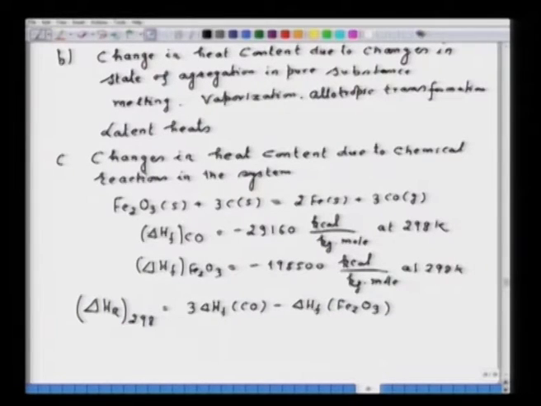Now, what I have to do is very simple. I have to substitute the value of delta HF CO, which is minus 29,160, and Fe2O3, I have to do multiplication and subtraction or whatever you want to do.